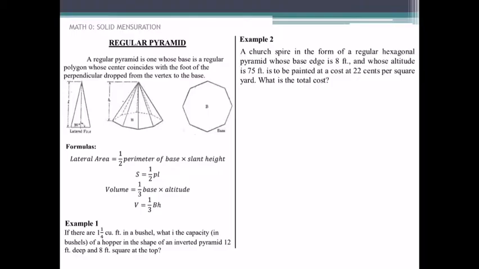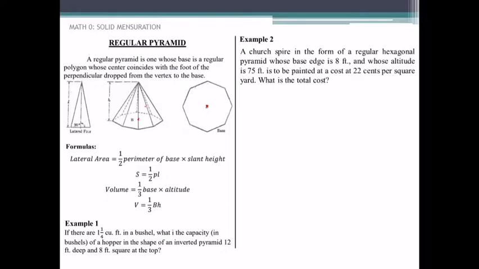So upright siya, class, meaning to say that if you drop a perpendicular from the vertex padung sa base niya, motunong siya sa center sa ato ang base dinhi. No, wala siya gahirig ba. And so this is our base kani siya, and these are our lateral faces.